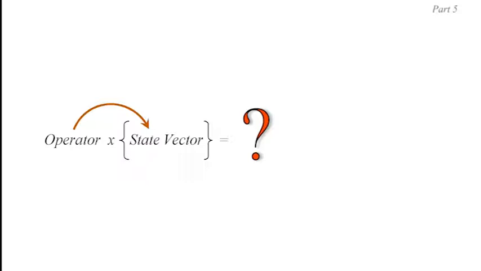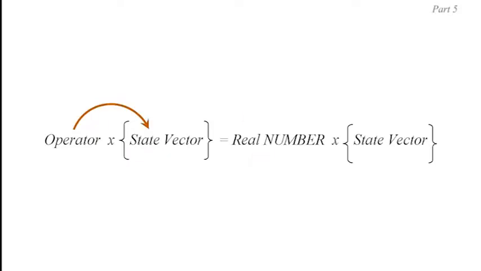But in that case, if it wasn't the same state as before, then we would not know that the spin was in the z direction, up or down. We would not have a measurement. Don't forget that the operator I'm imagining here is the one which would measure the spin in the z direction, and we'll find out about such operators in a moment. This equation and the idea behind it is very important in quantum mechanics.